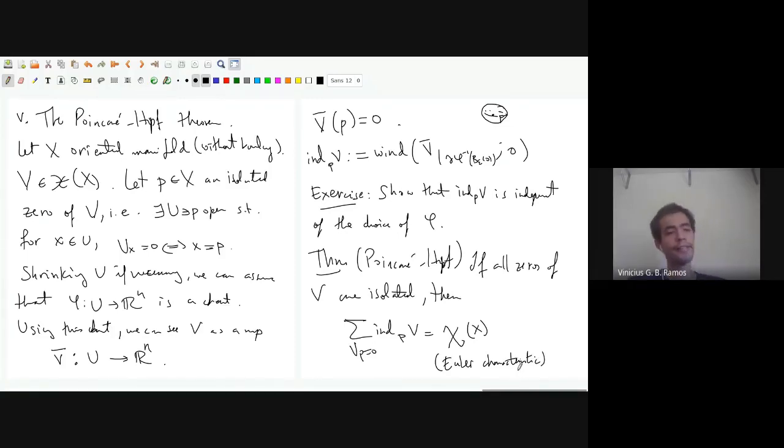What is the Euler characteristic? Well, I can define it, and I will define it in a way that makes sense for our class. But maybe if you don't know what it is and you don't want to see another definition, one way of seeing this theorem is that the sum of the indices is independent of V. You can just choose your favorite vector field and use that one to compute this Euler characteristic. Any other vector field will always have the same sum of indices.